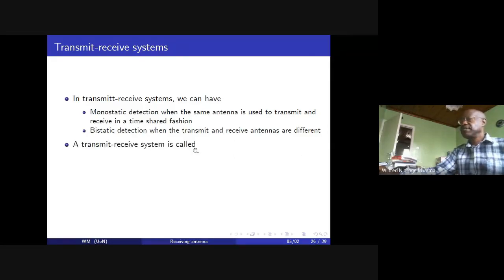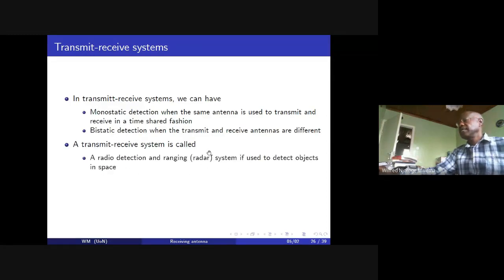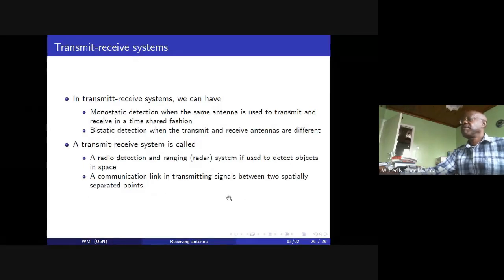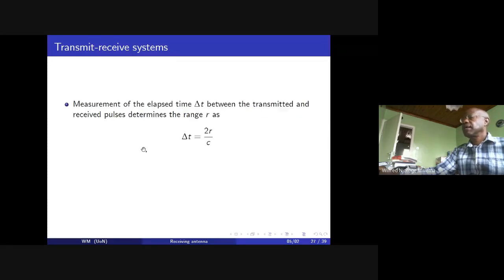So a transmit-receive system is called a radio detection and ranging, or radar system, if it is used to detect objects in space. It will be called a communication link when you are transmitting signals between two spatially separated points, such like the microwave relay links that we have for the telecom companies. So measurement of the elapsed time delta t between the transmitted and the received pulses will determine the range R of the object that is returning that echo.